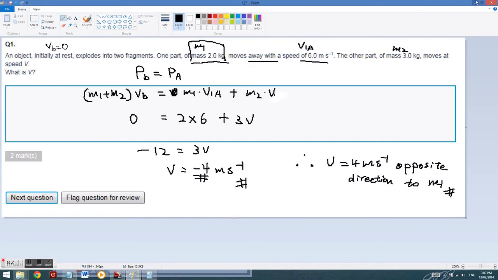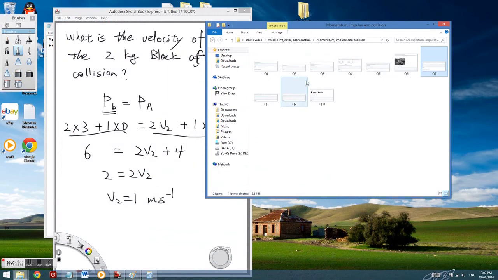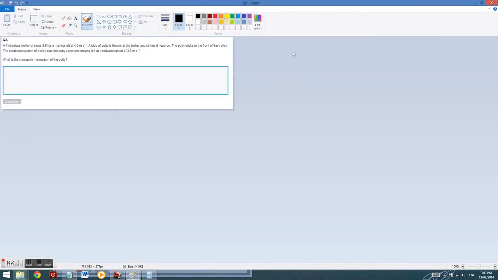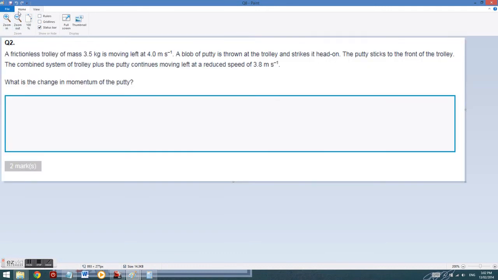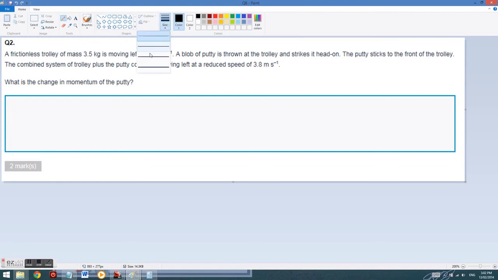Now, let's do this question here. A frictionless trolley, M1, moves left, right. This is left.